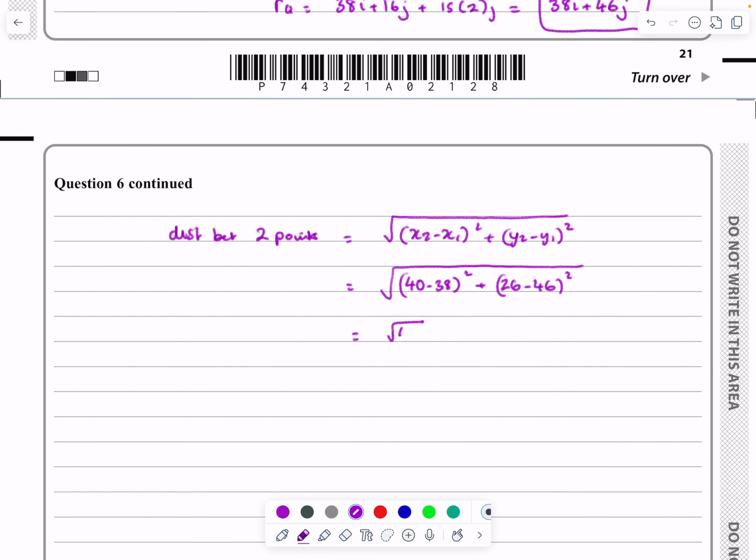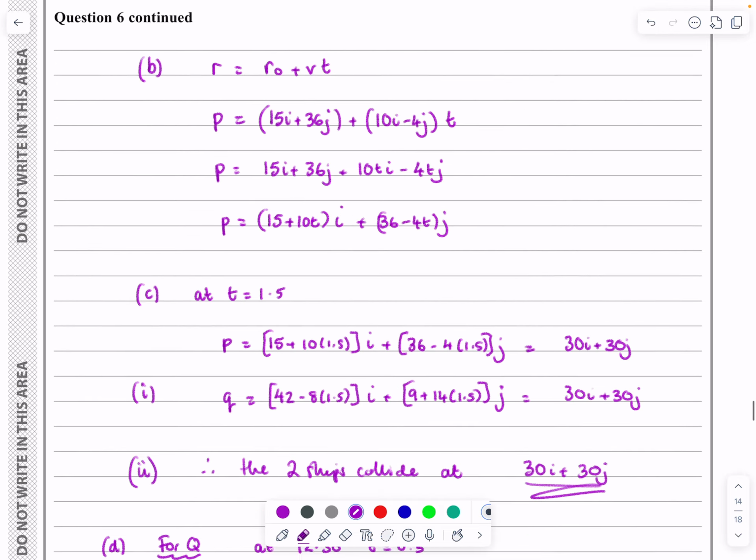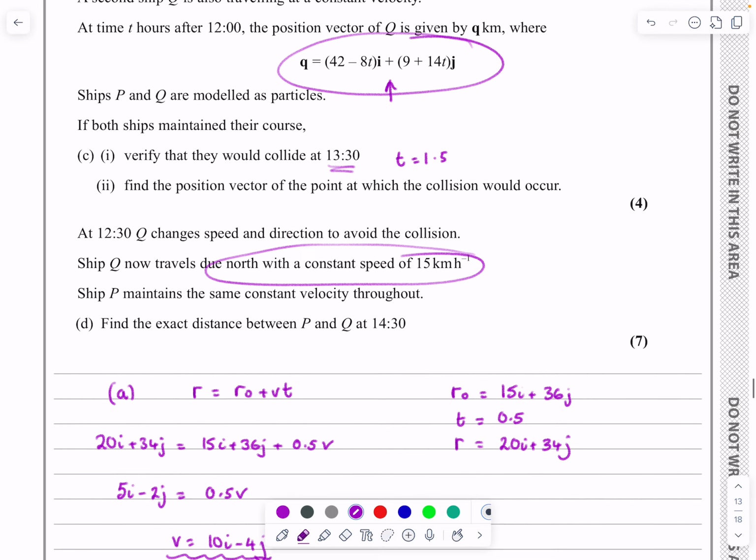It works out to be root 404, which works out to be 2 root 101. Is it kilometres? I think it's probably kilometres in this question. Yeah, kilometres.